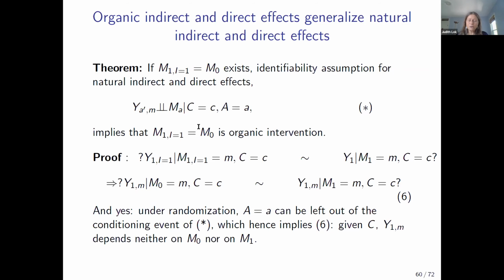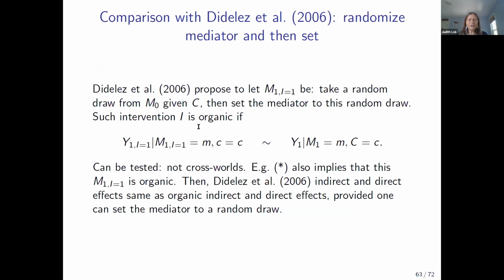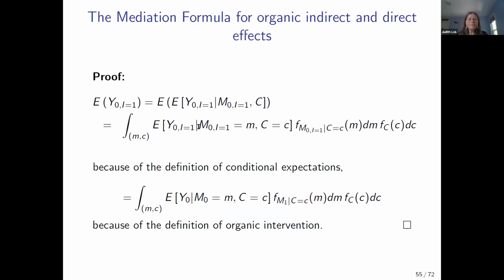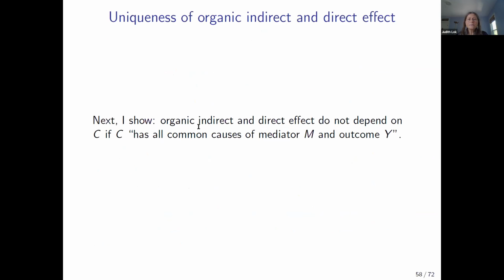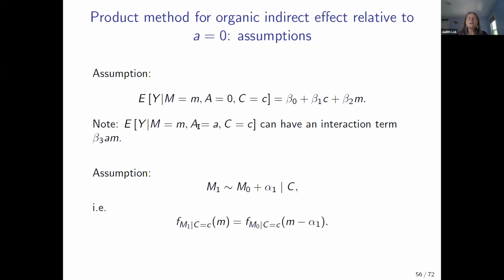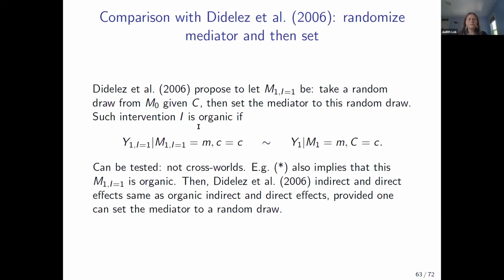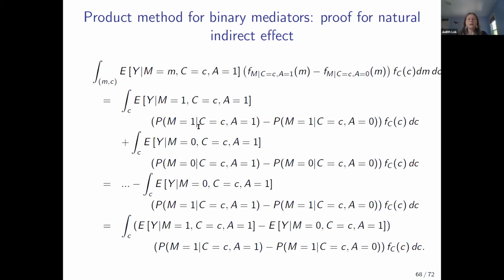The next thing is that you asked about a product method. I think it's here: the product method for binary mediators, proved for natural indirect effects. The result is that it is the effect that A equal to 1 versus A equal to 0 has on the mediator.